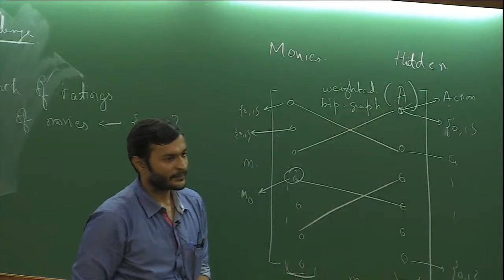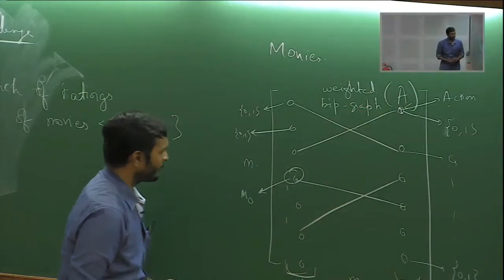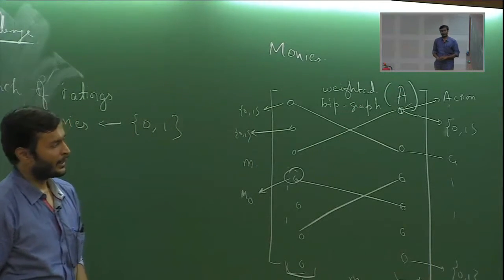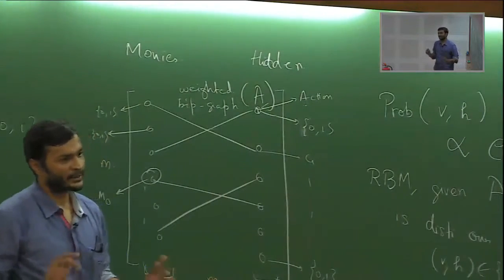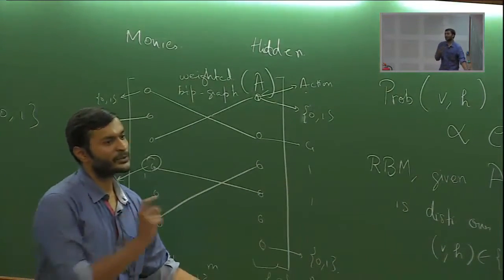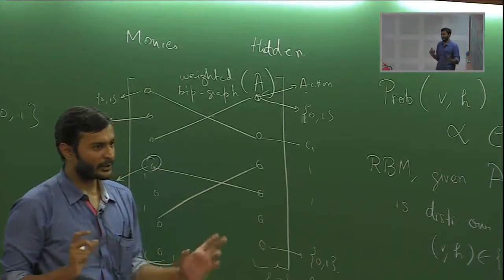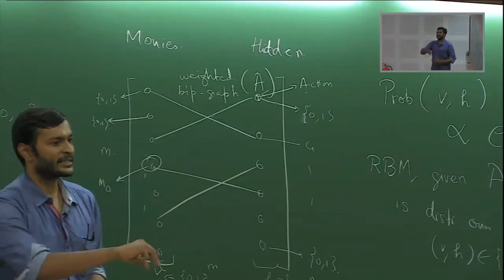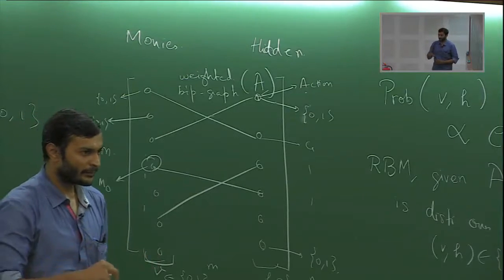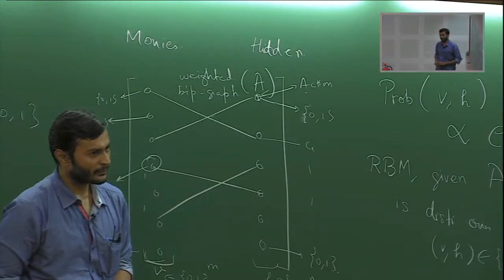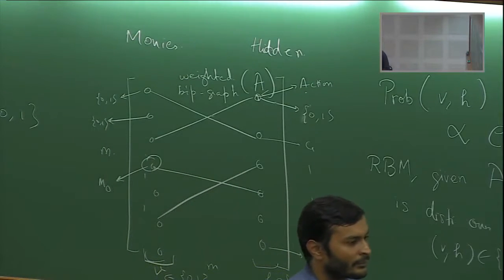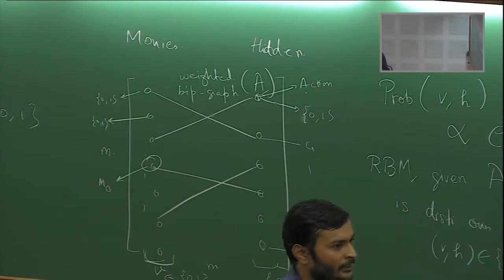Yes? So n is the number of movies. And n is the number of features that we use to classify users. N is the number of features, full stop. We are not going to think about what these features are, because that will mean that we are essentially doing feature engineering. Yeah, I understand. So what you say, sampling from A means sampling from pairs V comma H. Yeah.